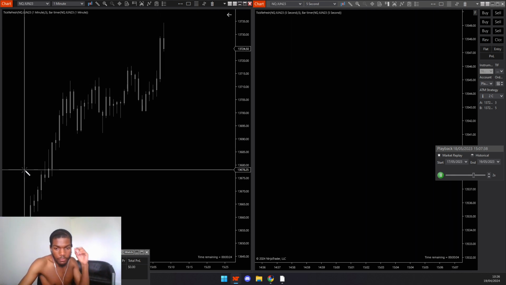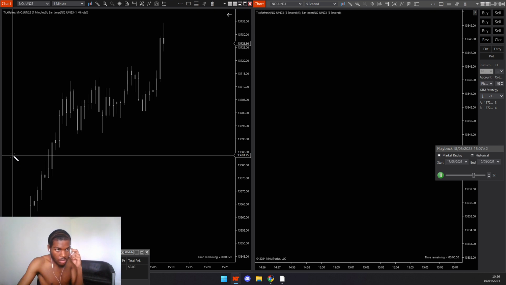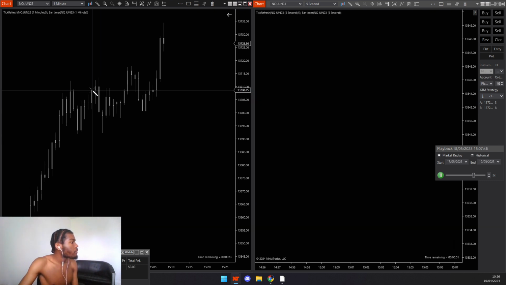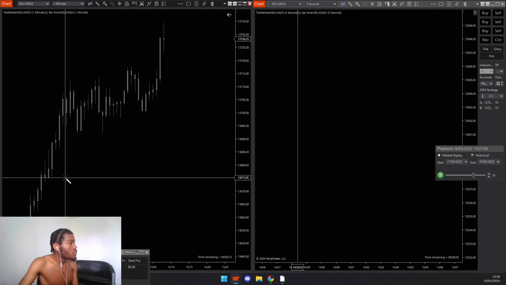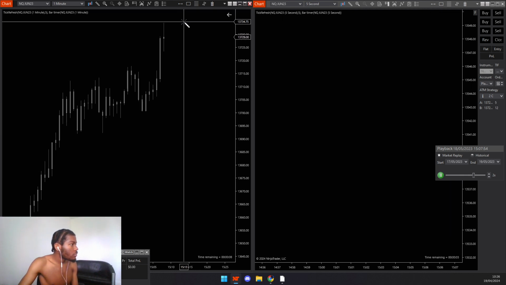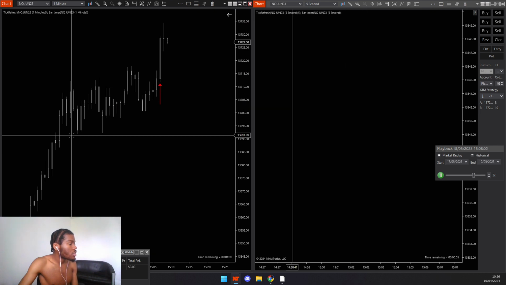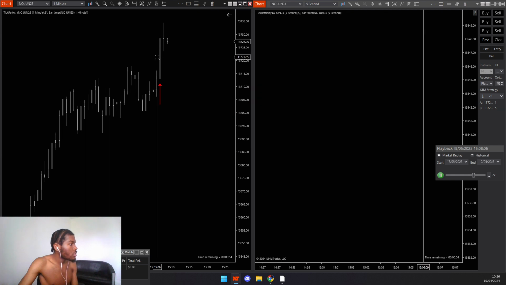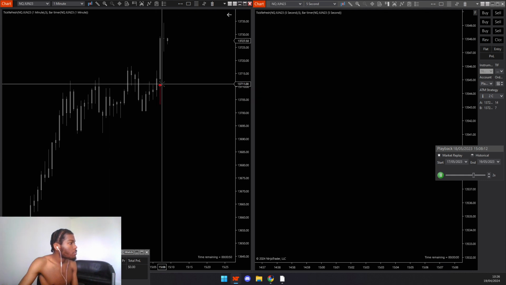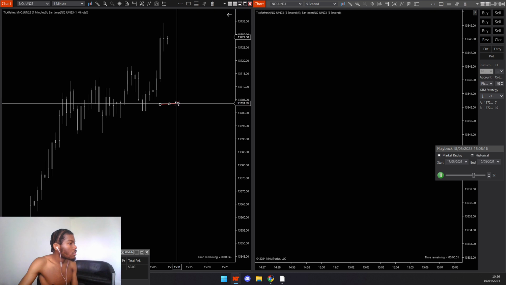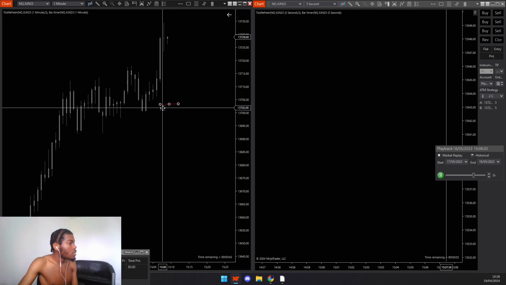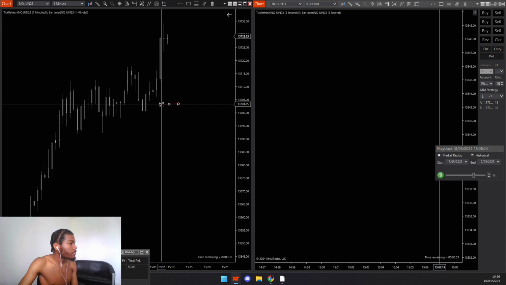So the first thing I want to say is I pay attention to candlestick structure. And in an uptrend, in fact, before I even talk about this candle here, how do I even determine that we're in an uptrend?